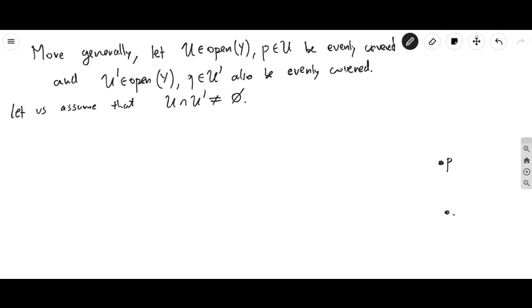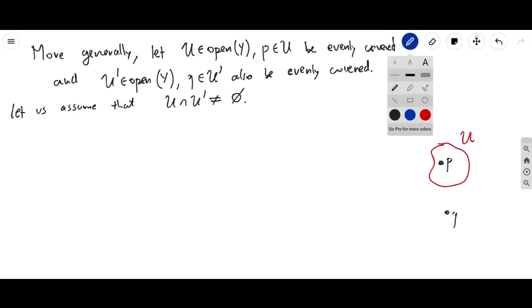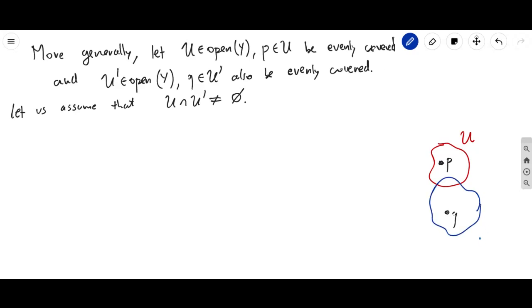So here's P, here's Q. We find an evenly covered neighborhood U. We find another evenly covered neighborhood, I'm sorry, not V, U prime. And we're assuming that they intersect. So because they intersect, they have a point in common. So for lack of a better name, let's call this point Y. Let Y be a point of intersection between these two. So they have a point of intersection which we're calling Y.